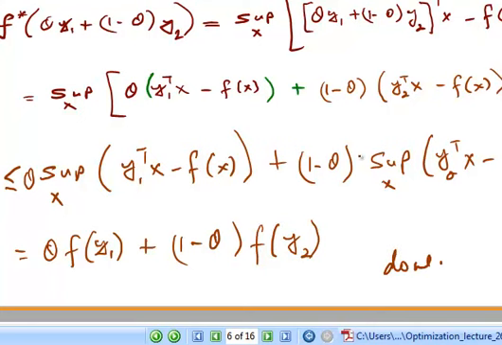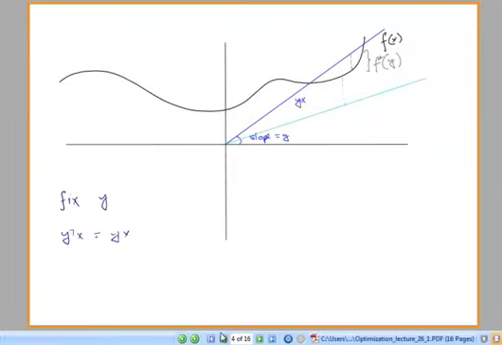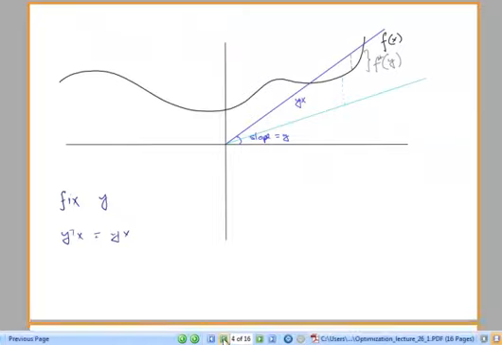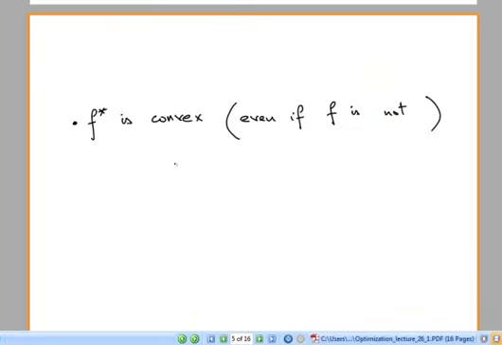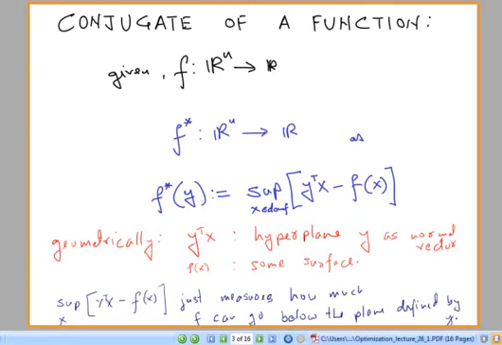So you can prove by definition that f star is convex, or if you remember some of the theorems of the last chapter, then we can straight away say that f star is convex because, by the definition, for each fixed x, this is an affine function of y.